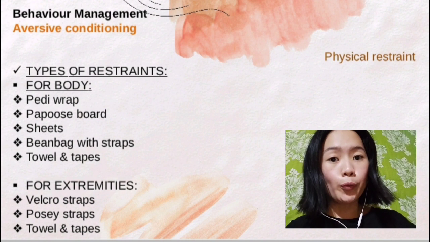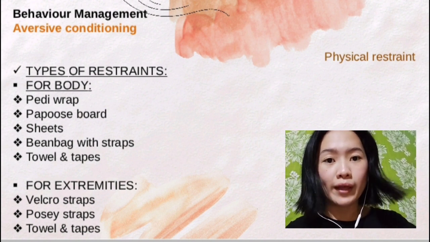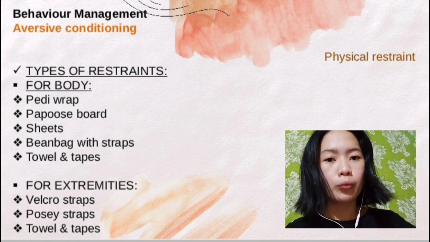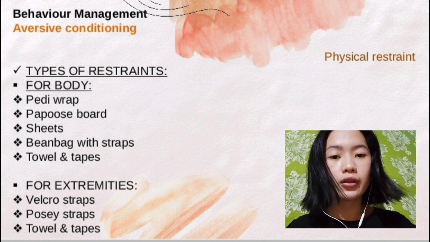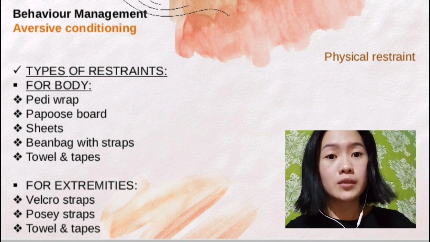Its purpose is to quickly and safely control arm movement to prevent individuals from pulling out feeding tubes or tracheostomies, putting objects in their mouths, or inflicting injuries on themselves.